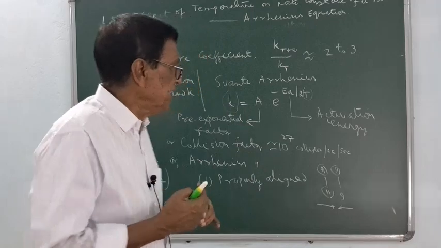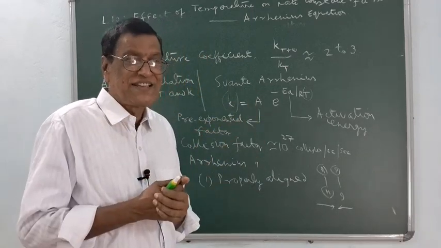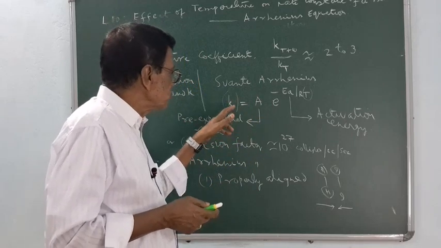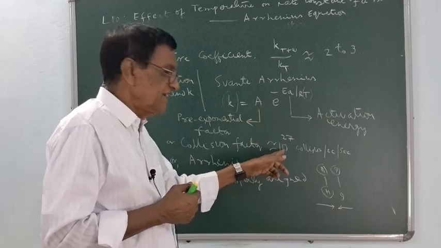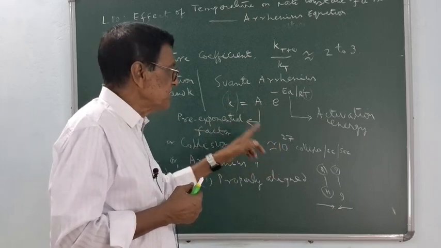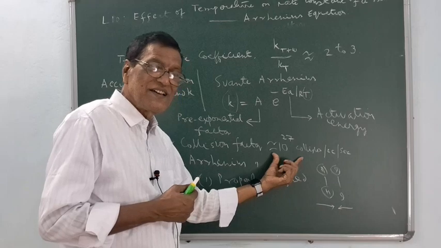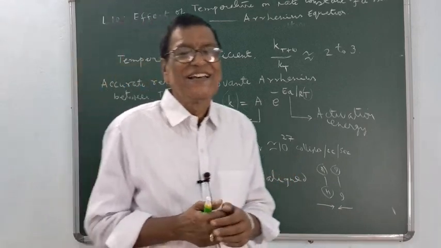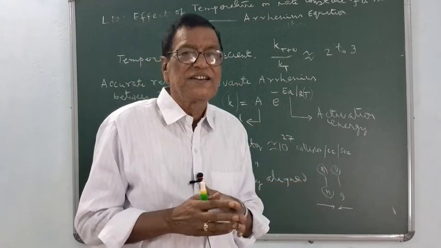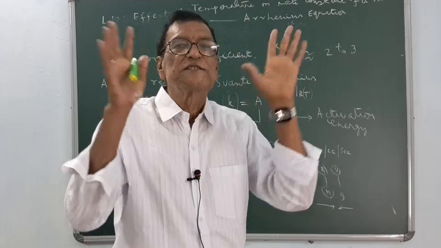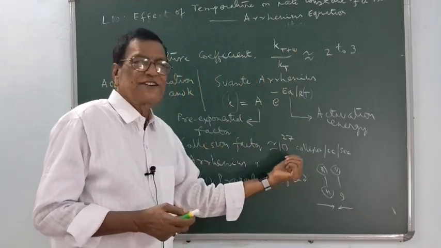If every collision would be effective, then K must be equal to A. A is very high, so the rate of this reaction should be of this magnitude, but it is not that. The rate of this reaction per cc per second is very, very small in comparison to the collision factor.